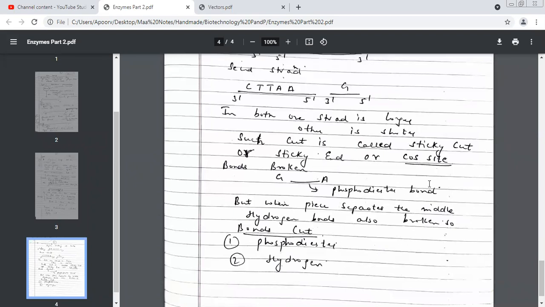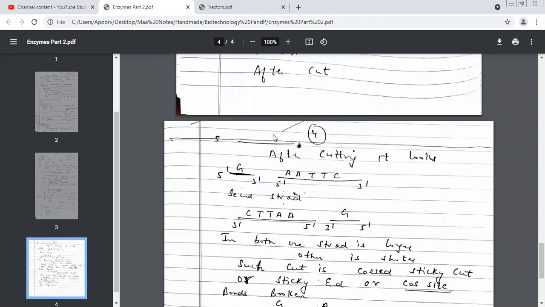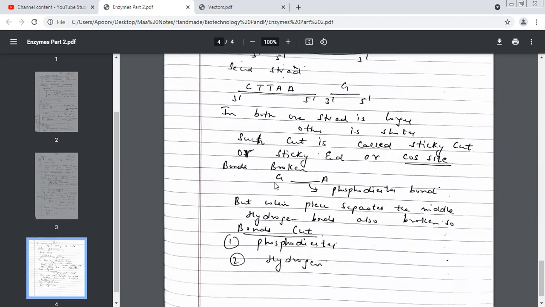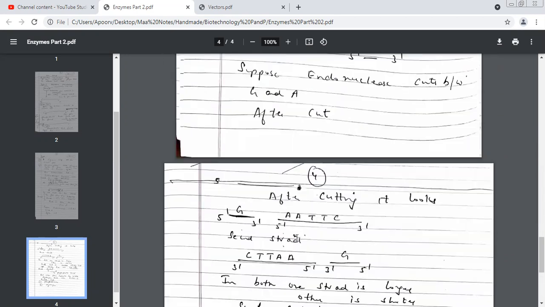One is the phosphodiester bond. And when this piece separates, the hydrogen bonds are also broken. The bond between A and G is broken. Bond between what is breaking? A and G.